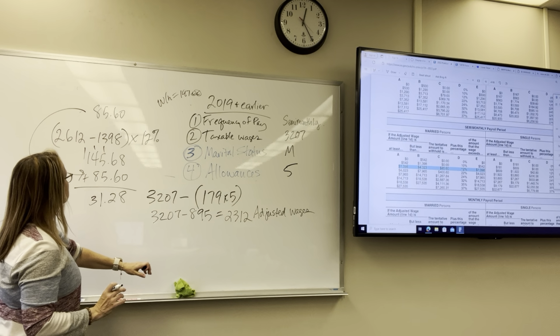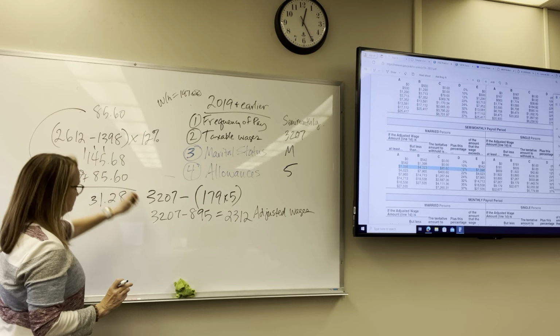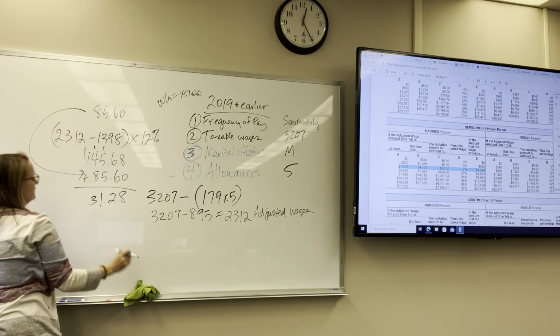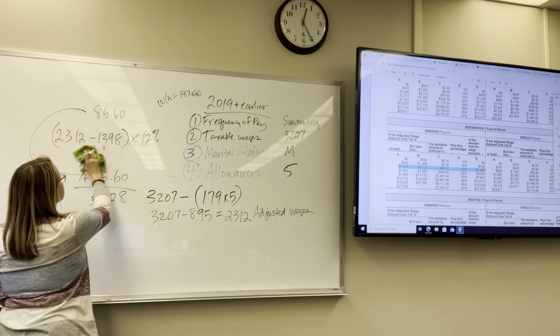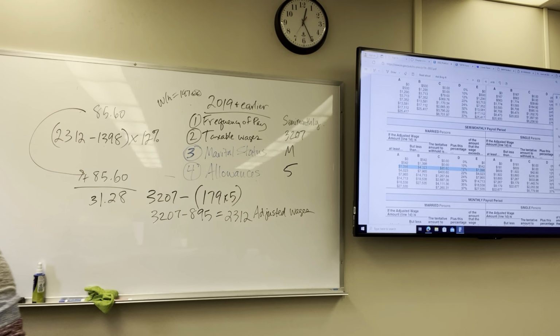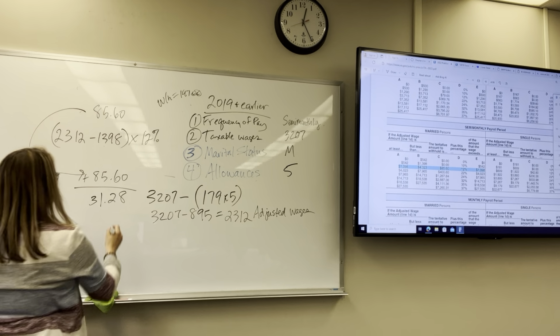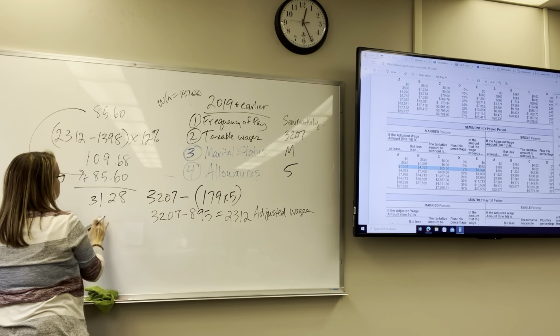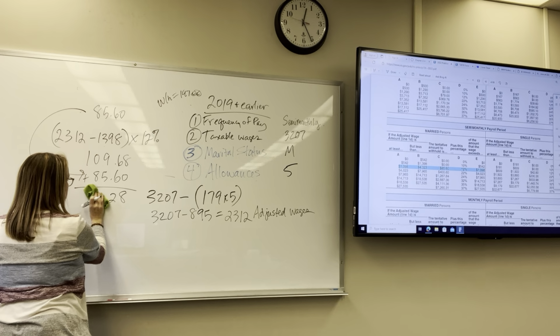So here, 2312 minus 1398 times 12% gives 109.68. That probably makes a little bit more sense.